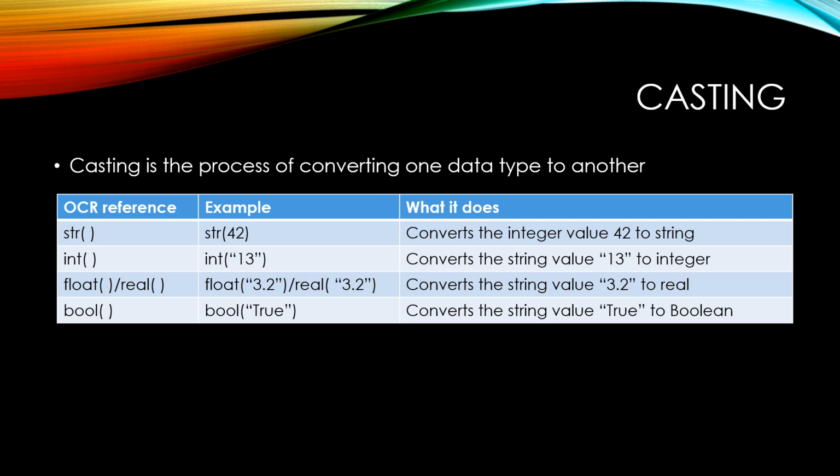The float or real method, which are both the same, will take the string equivalent of a decimal number and convert it to an actual decimal number. And the bool command can take the string equivalent of true or false and convert it to Boolean. Here it would have no speech marks around it.